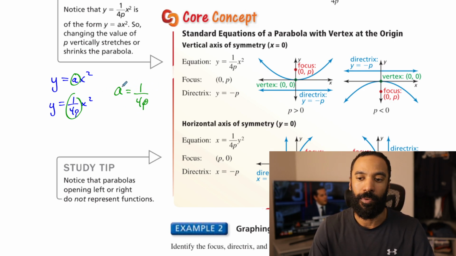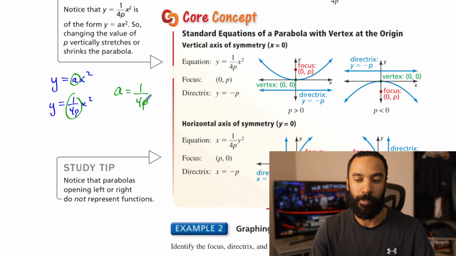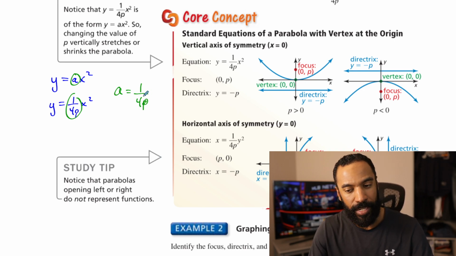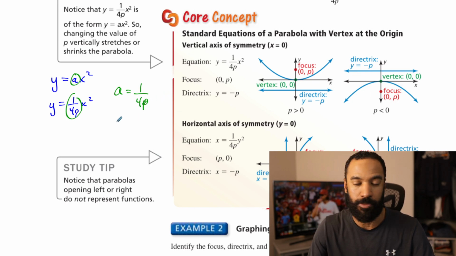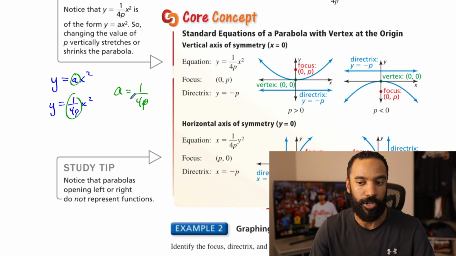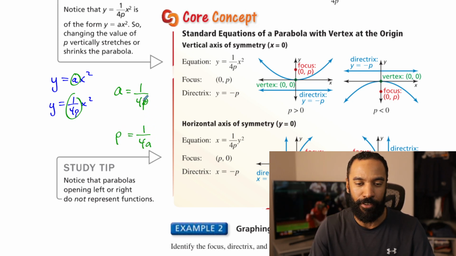Now, once again, a is your vertical stretch factor, but p is the distance from your focus to your directrix. So depending on the information that we have or that we need, we're going to go ahead and do that. This is where I said I might not be using the book as much, because I don't know how they're going to write it, but here's one way. If you solve for p and get a on the other side, you'll get p equals 1 over 4a. And notice these are denominator values.